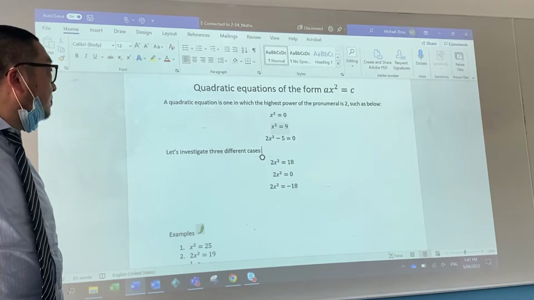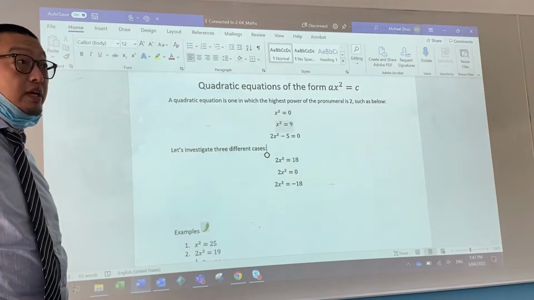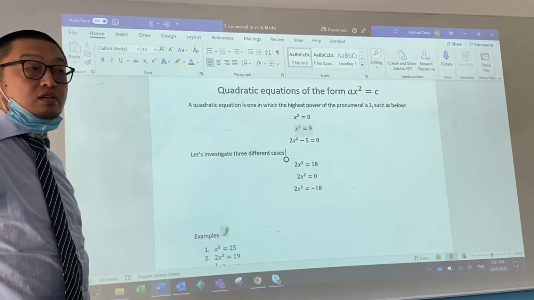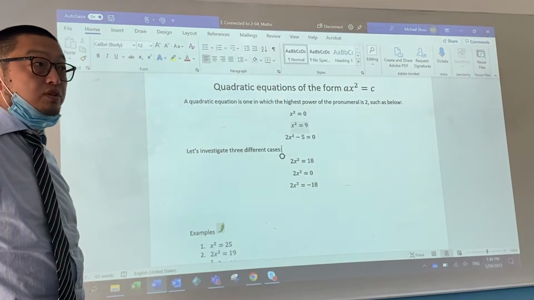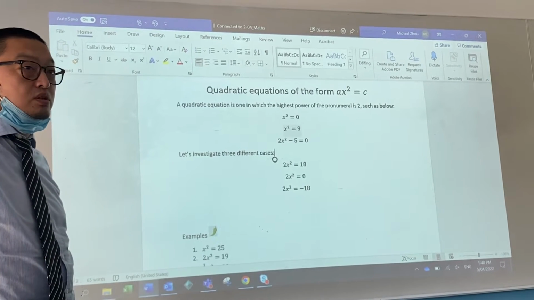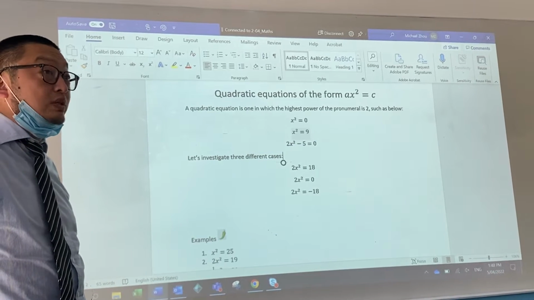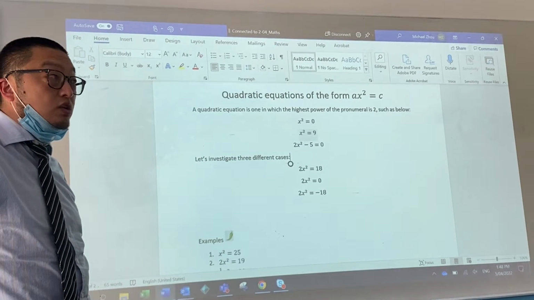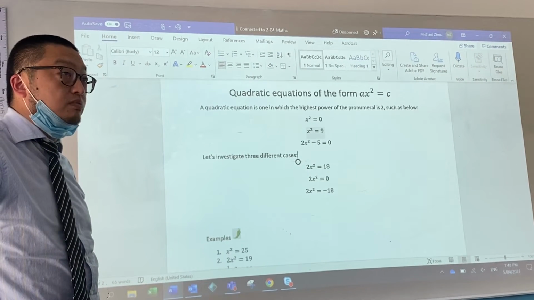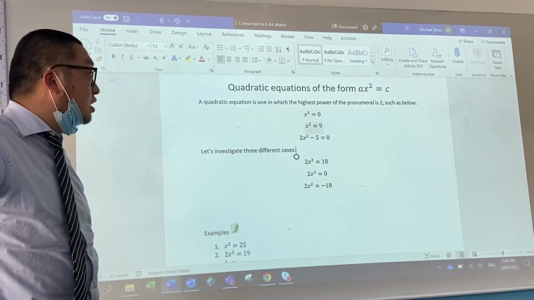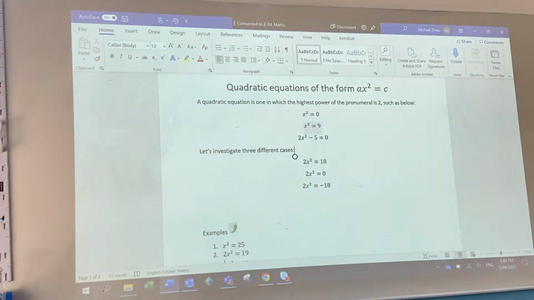Now, what do you think the most important word in that sentence is? 2, yes. What else is important? Highest power, very good. Can you maybe circle or highlight that word? Highest power is 2. Let's move on.